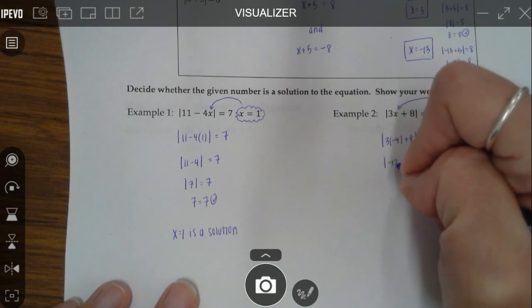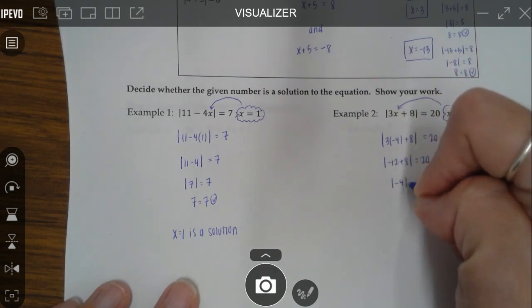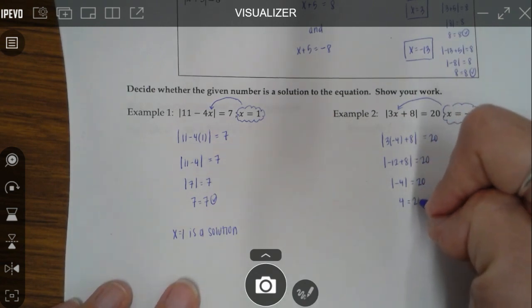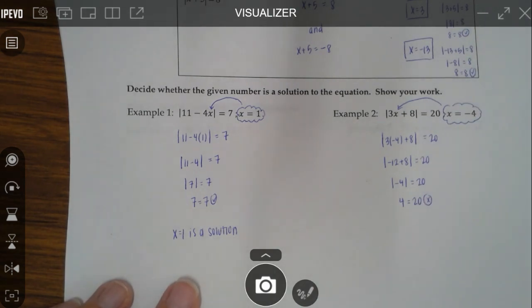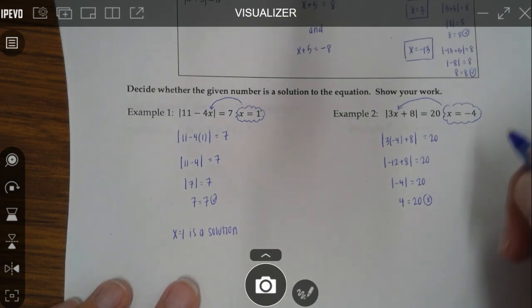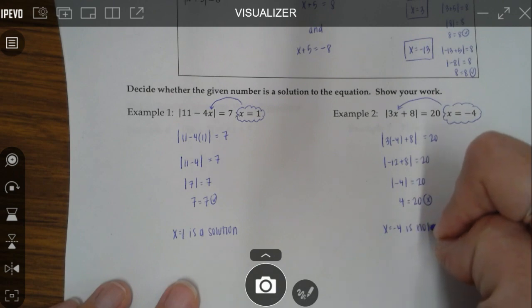That gives me -12 plus 8 on the inside here. That's going to give me a -4. Absolute value of -4 is +4, and this gives me a statement that says 4 is equal to 20. Obviously not. So when you end up getting an untrue statement, that just means x equals -4 is not a solution.